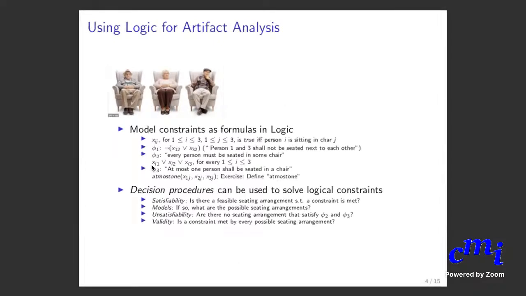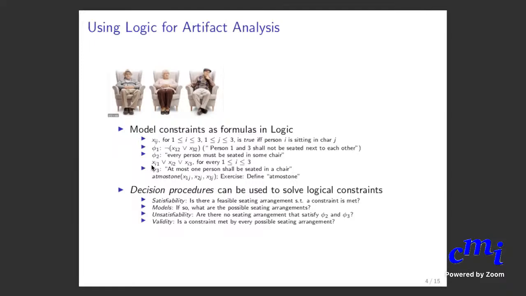That's what introduces this. If you want all these 3 constraints to be simultaneously true, any assignment of truth values to these variables will be a possible seating arrangement.